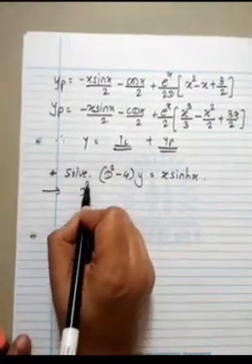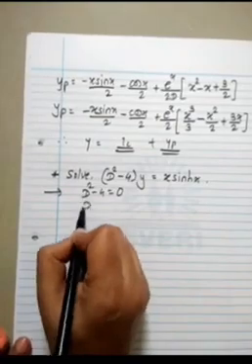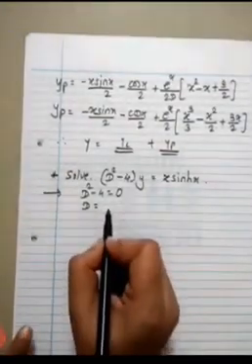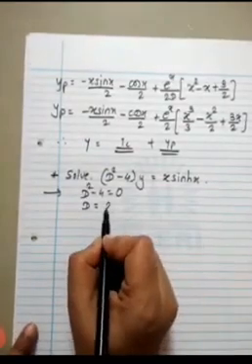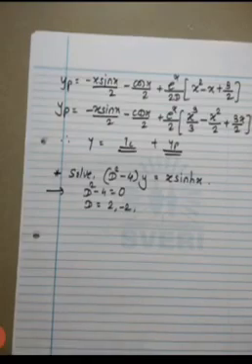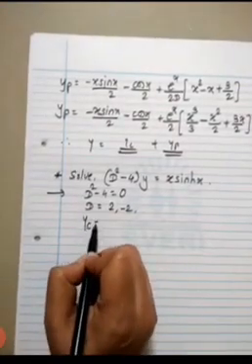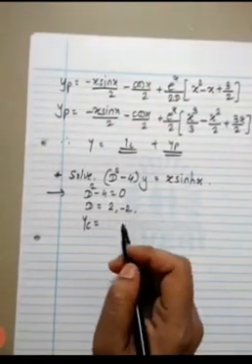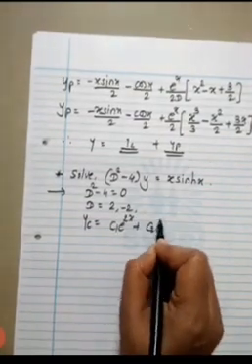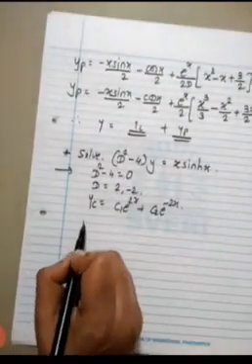What are the roots? Plus or minus 2. So therefore yc is C1 e raised to 2x plus C2 e raised to minus 2x. Good. Now solve for yp.